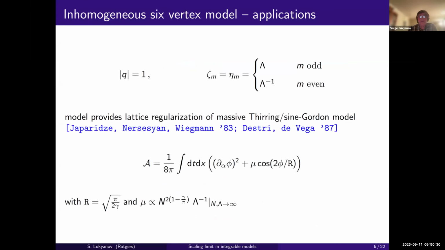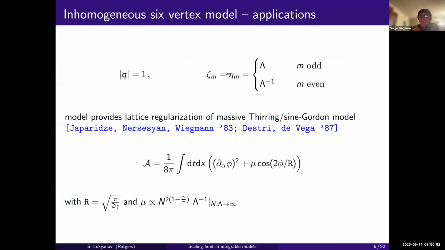Another early application of this model was the observation that, in a certain setup, the model can be used to provide a regularization of a massive quantum field theory, namely the Sine-Gordon model.